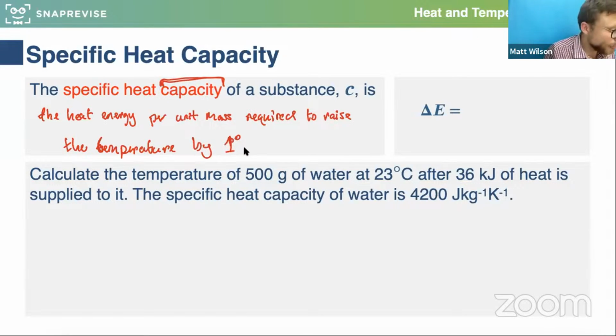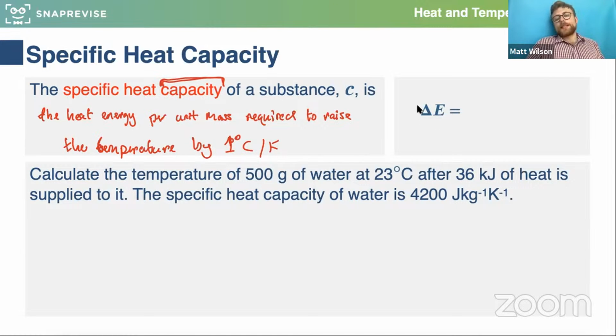And it doesn't matter here if I say 1 degree centigrade or 1 degree Kelvin. Either is fine. Increasing by 1 centigrade is the same as increasing by 1 Kelvin. It's just that 0 centigrade is not the same as 0 Kelvin.